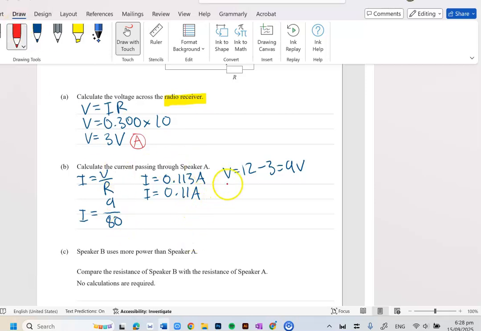If you have the correct answer of 0.113 amps, you don't even need to round it. So this is merit. For achieved, you have correctly calculated the voltage being 9 volts, or you have an incorrect current due to incorrect voltage. I don't know, this is achieved. Okay.